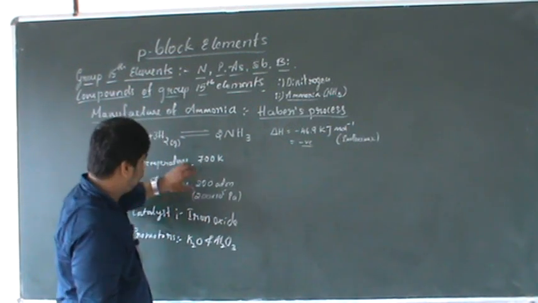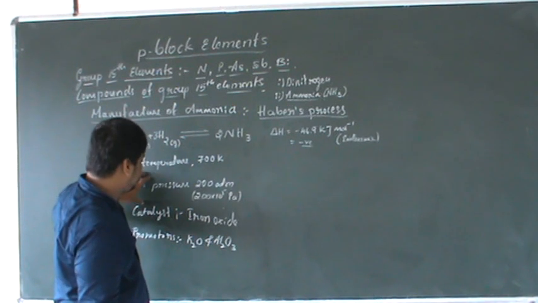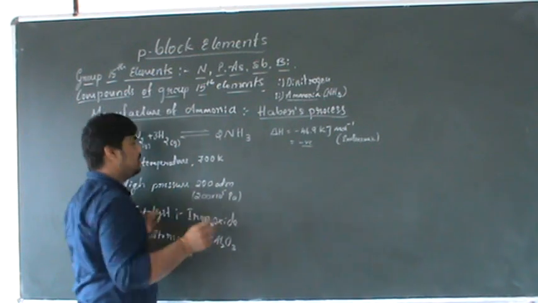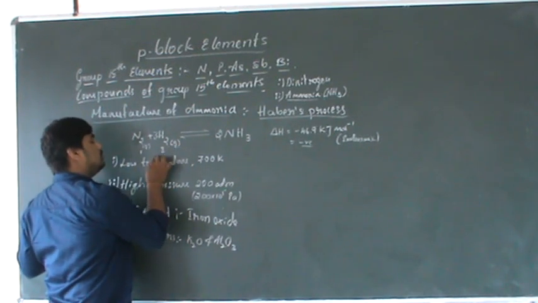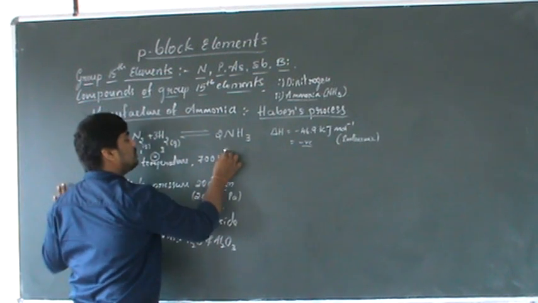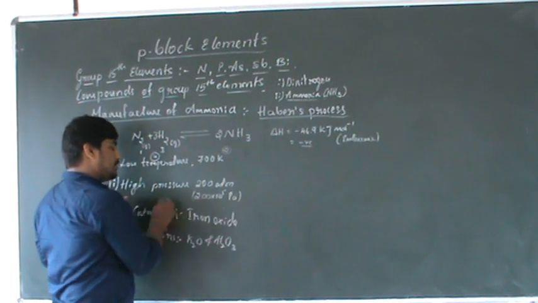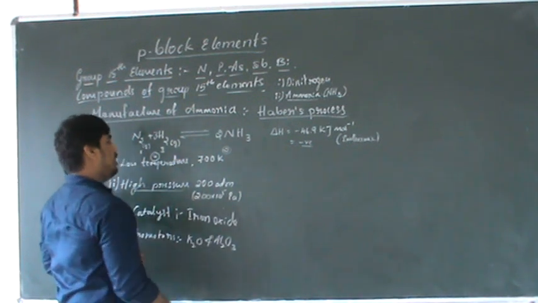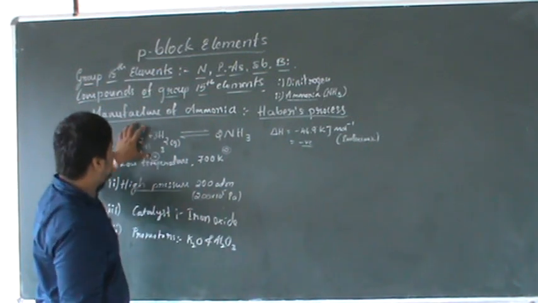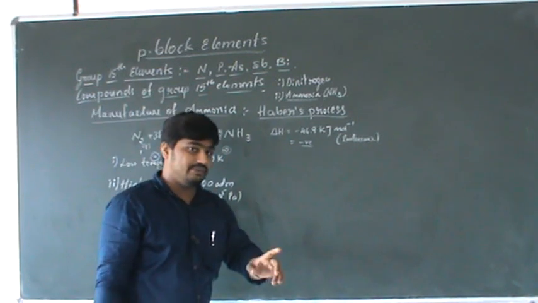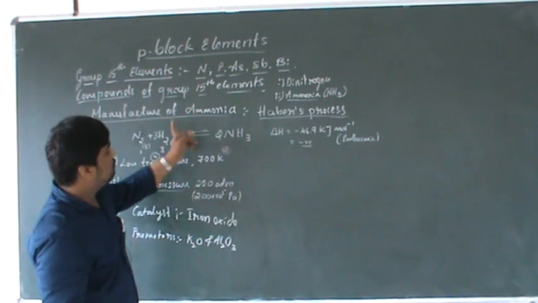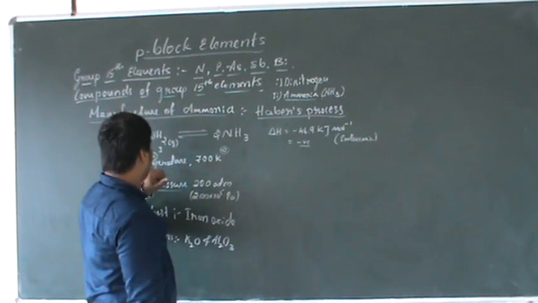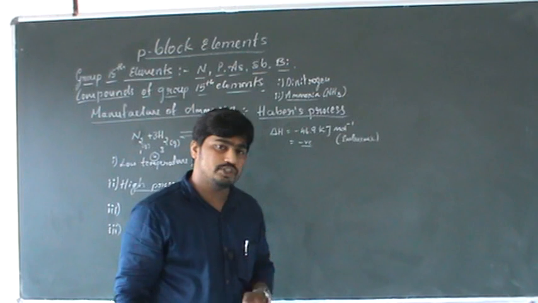Whenever we use this much temperature and pressure, when high pressure is applied, remember it is an equilibrium reaction. You already know that 1 mole and 3 moles, a total of 4 moles of reactant, and 2 moles of products are there. According to Le Chatelier's principle, when pressure is applied, to nullify the effect of pressure the equilibrium shifts to the right or left side.